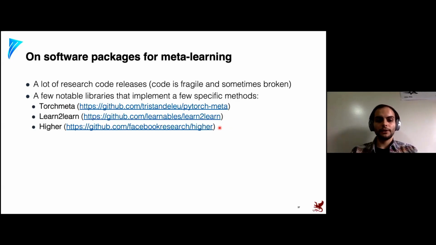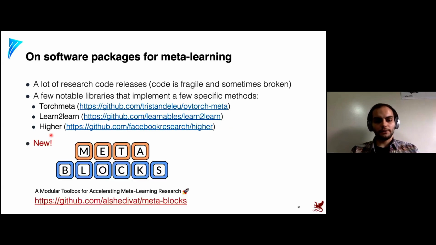So if you're building a meta learning pipeline for something that has not been considered before, let's say maybe for some medical application, you can use Higher primitives within PyTorch in order to build your pipeline. And I guess I would add a little plug that there is a new library that I've been working on, which is based on TensorFlow. All these previous libraries are based on PyTorch.